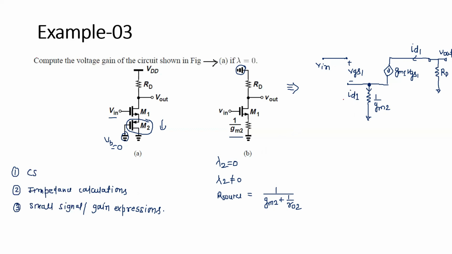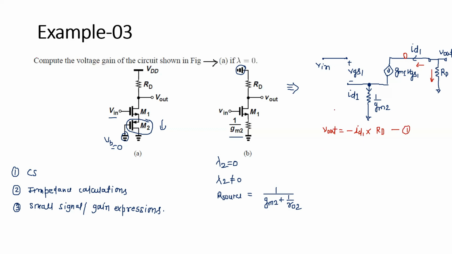If I want to calculate the expression for the output, this ID1 is entering into the drain of M1, and for this RD, the ID1 is flowing outside. So the expression for Vout is minus ID1 times RD. So this is your first equation.